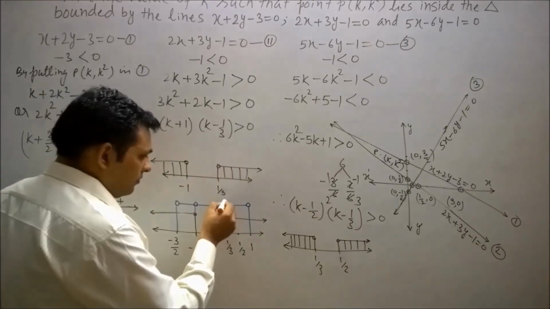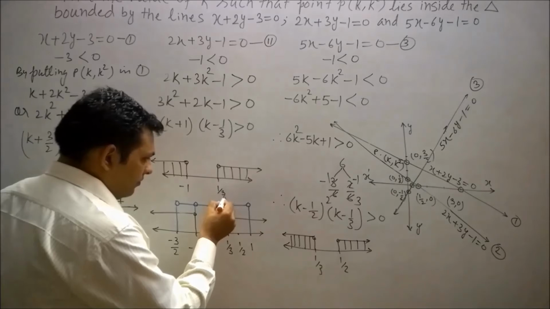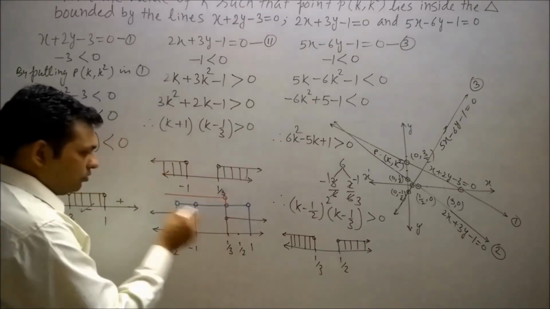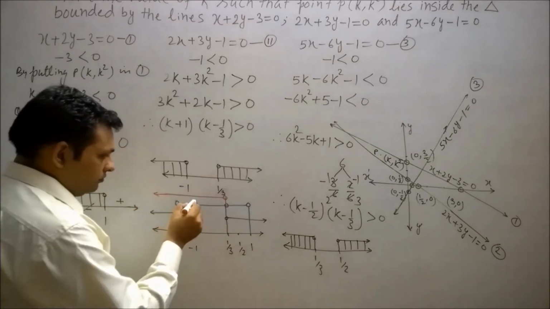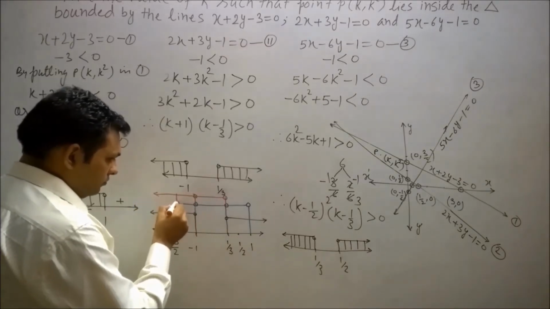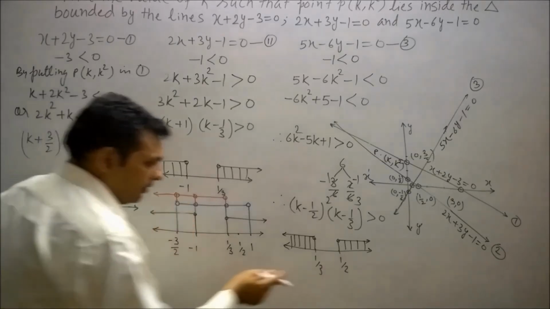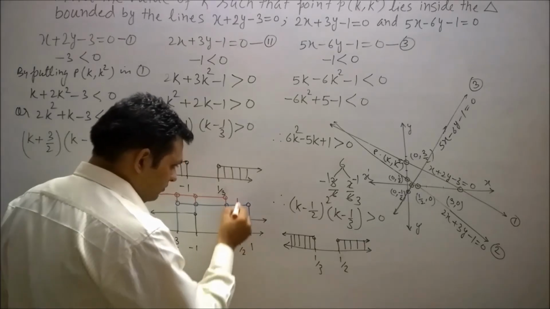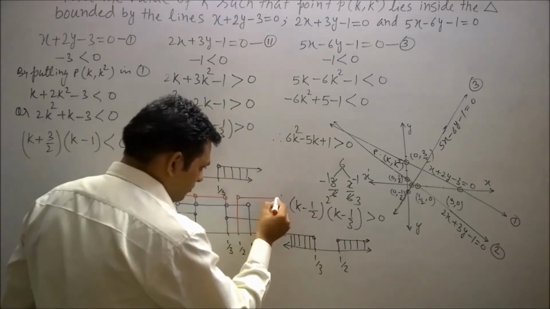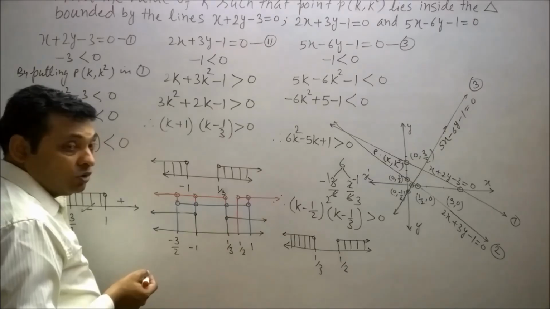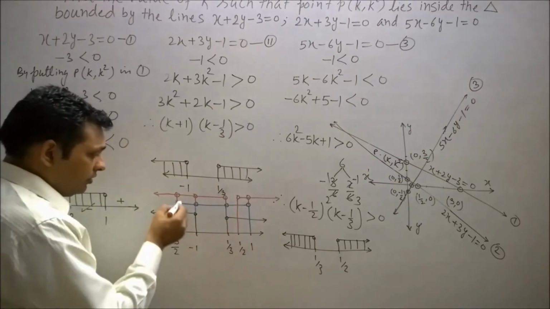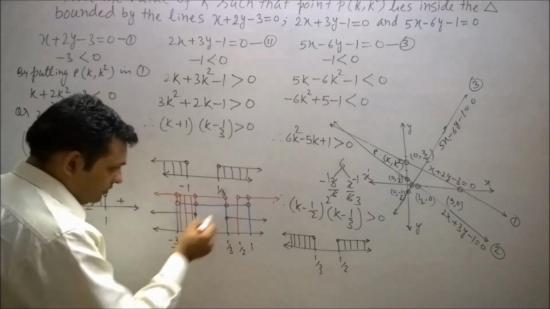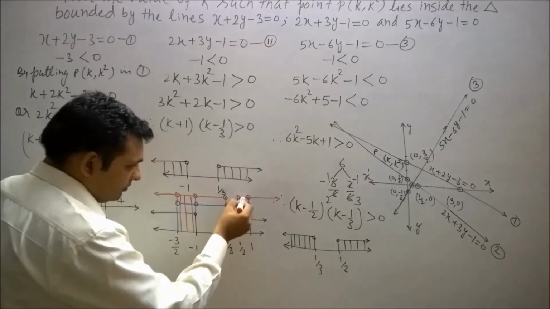Therefore, minus infinity to 1 upon 3 and 1 upon 2 to infinity. So the common set of these three inequalities is this and this.